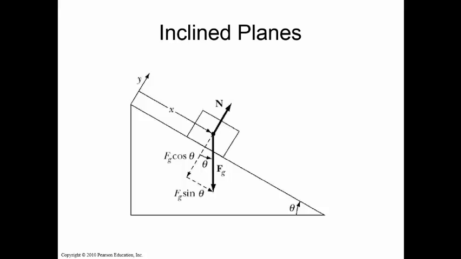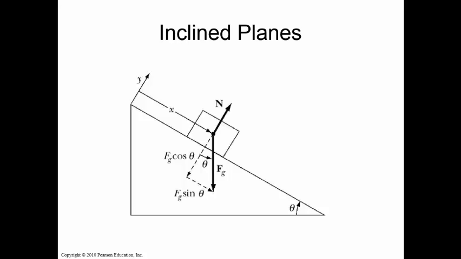So if we draw a picture of it by representing the person as a box on an incline, you see that the weight force goes straight down into the ground. It has a horizontal X component and a vertical Y component. The vertical Y component is what's pushing the box up against the incline, and the normal force has to be equal and opposite to that component.